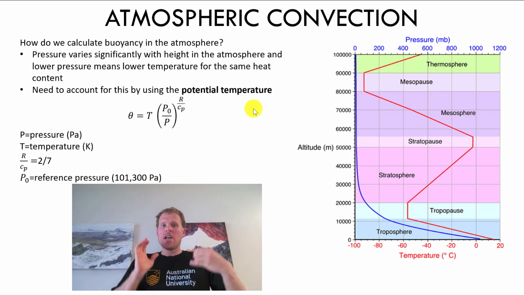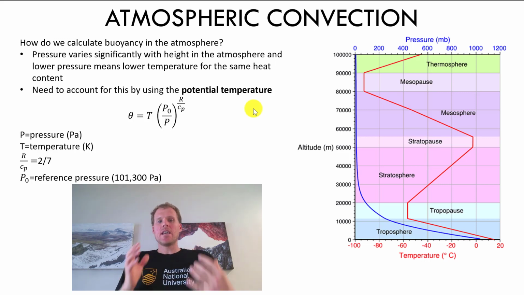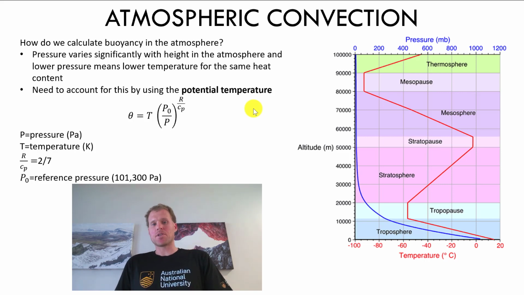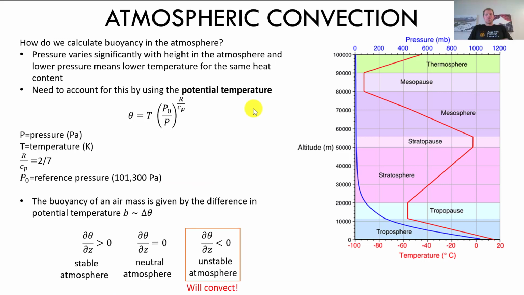The key thing here is if you're interested in buoyancy in the atmosphere, you need to compare potential temperatures, not actual temperatures. So once you've done that, and you know what your potential temperature is, you can go through and calculate the potential temperature at every height in this profile. And if that potential temperature increases with height, then you have a stable atmosphere.